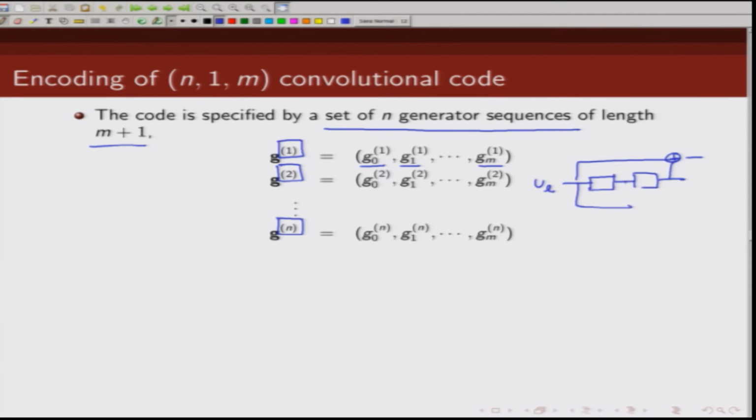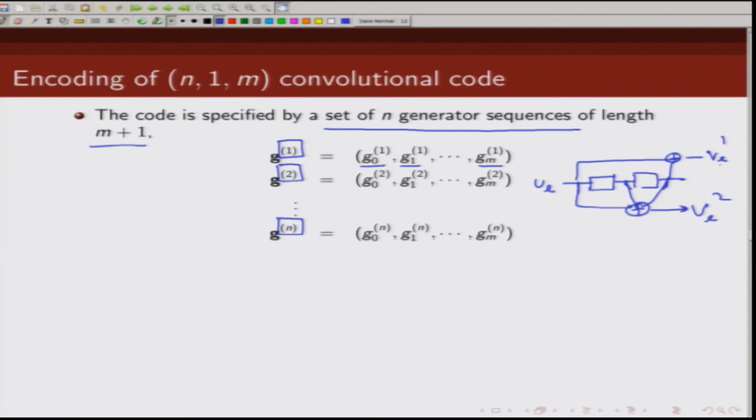Let us say this is my example that I had. This was my vl1, this was my vl2. Now, note that these interconnections specify whether a particular bit is participating in the output code sequence or not.